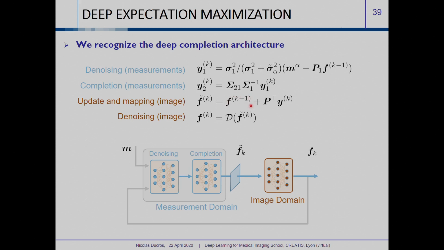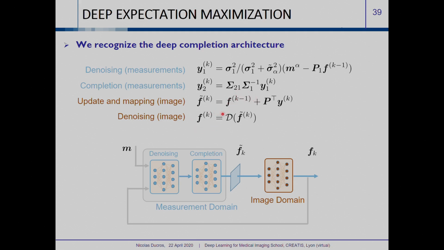The previous estimate, and you update it from the completed denoised measurement yk. Yk is the concatenation of y1 and y2k that we multiply on the left-hand side by P transpose. So this is something that lies in the object domain, and we add here this estimate.